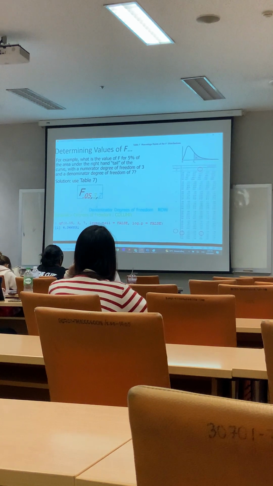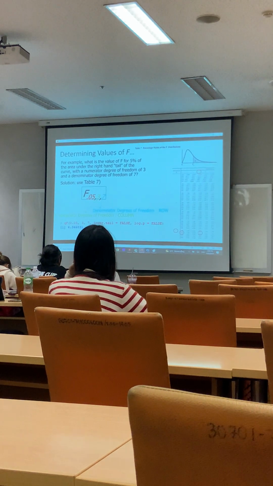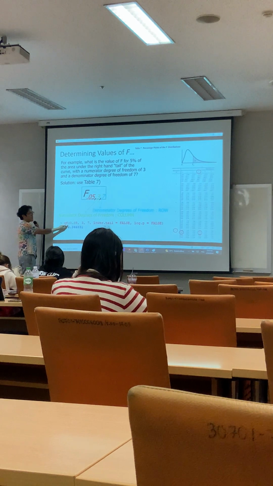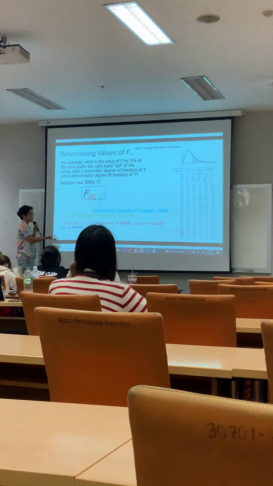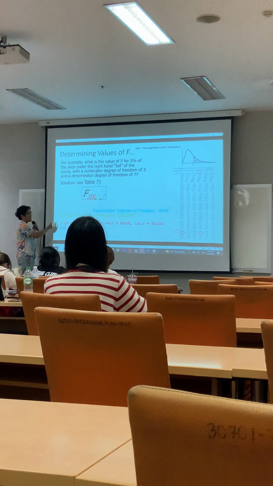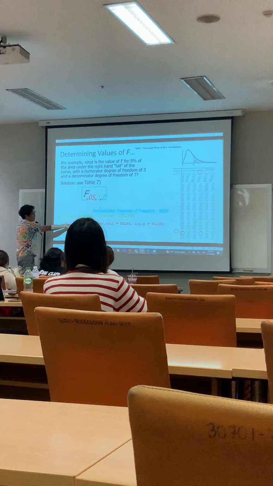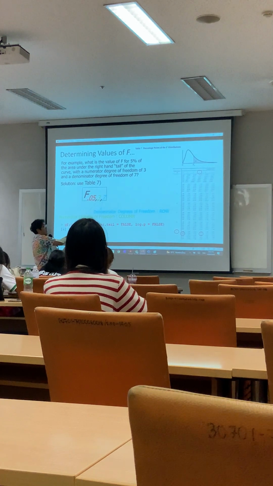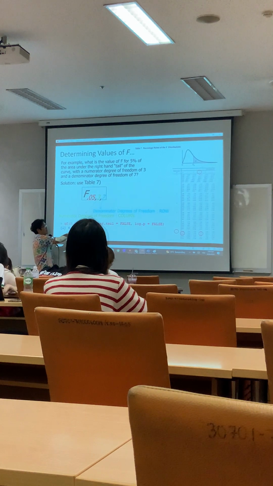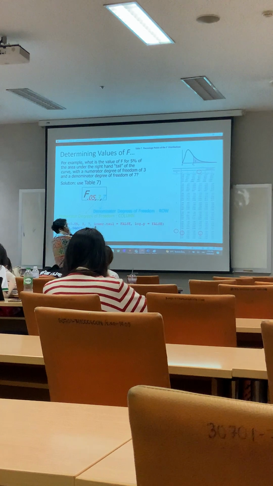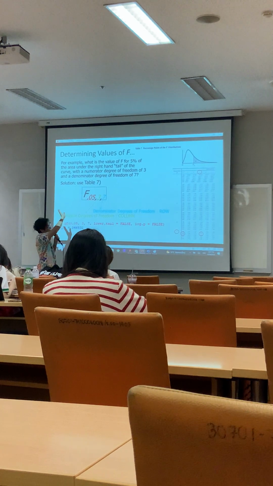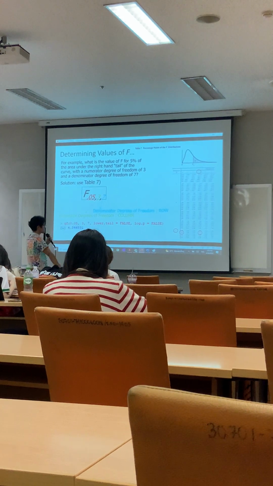Okay, and now if you're using R, it's going to be qf. Again, q is to calculate the quantile, f is for the F distribution, and you can see that I use 0.05. The first argument is the numerator degree of freedom, 3, the denominator degree of freedom, 7, and we want lower tail to be false because we want the upper tail to be 5%.